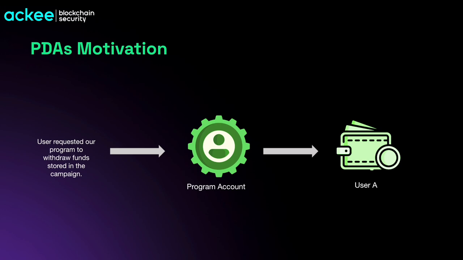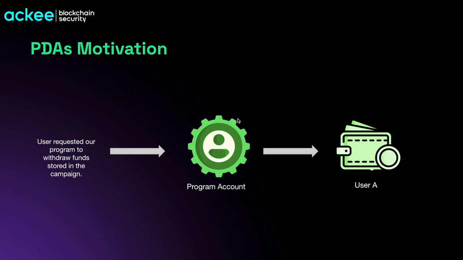So let's say we have this scenario. We have a crowdfunding application and the user requests our program to withdraw funds that are stored in the campaign that the user created. That means our program will have some form of withdrawal function, and in this case, the user is calling this withdrawal function, and the program is transferring the money stored in that particular campaign back to the user.